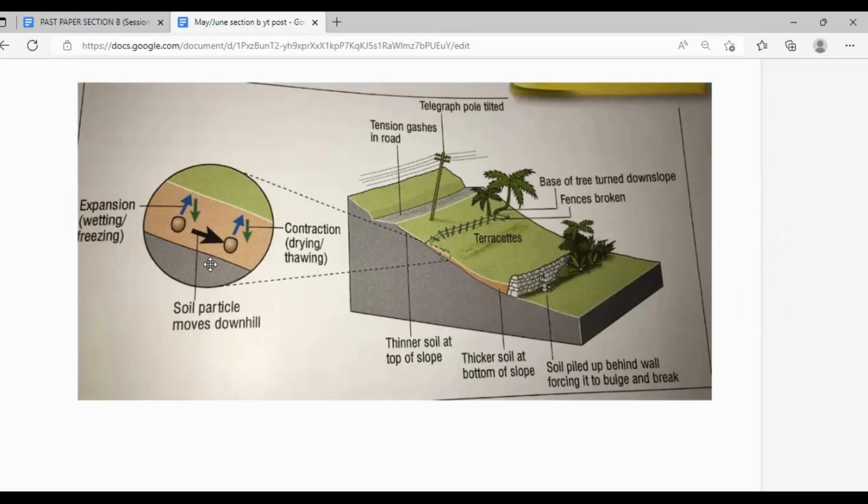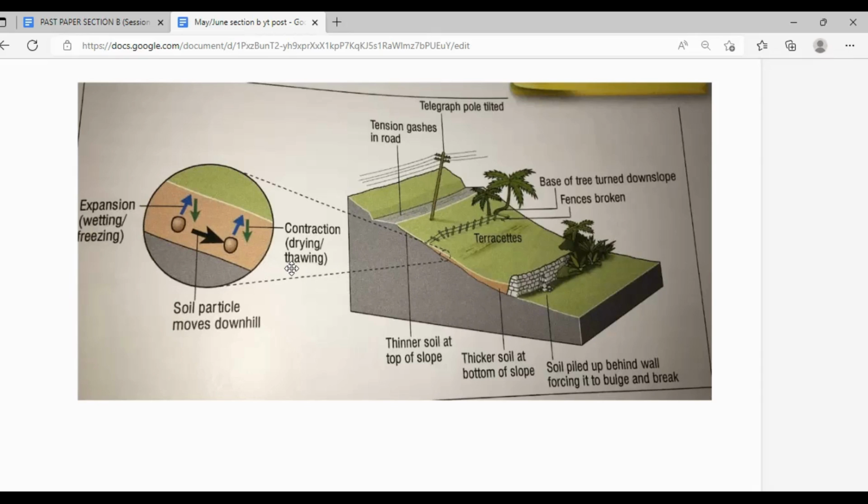Basically, when soil gets wet, it expands, and when it's dry, it contracts. So when we have soil on a hillside, when it's wet, it expands, and when it contracts, there's space left from where it had expanded, and now that causes the soil to be able to move downhill because there's extra space for the soil to move.